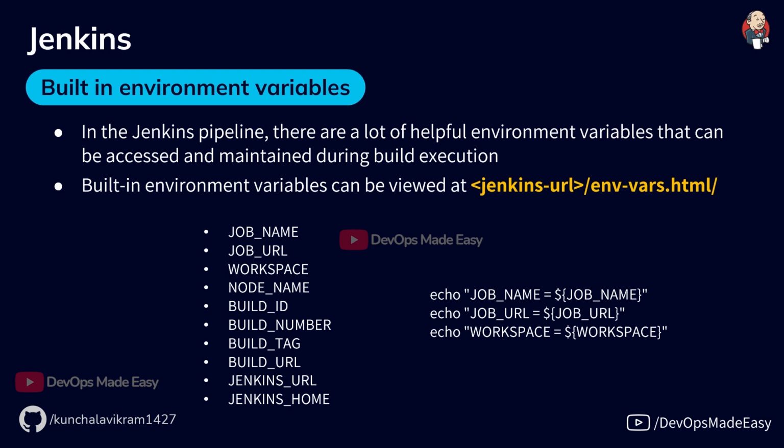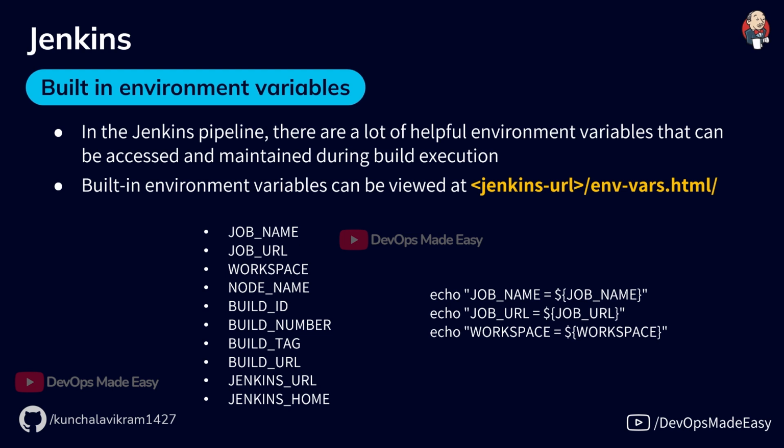A few of the environment variables available are job name, job URL, workspace, and node name. Let's say you wanted to get the job URL because you wanted to send an email notification to the developers that a particular job succeeded or failed. In this case, you don't have to hardcode the job URL.